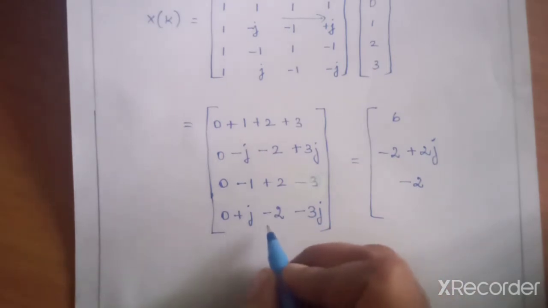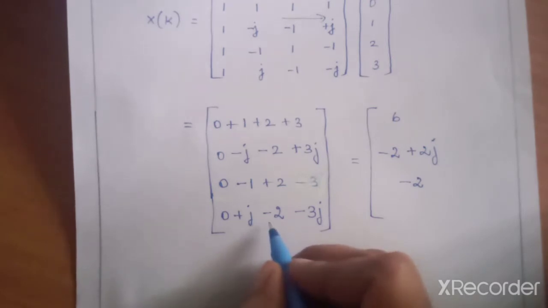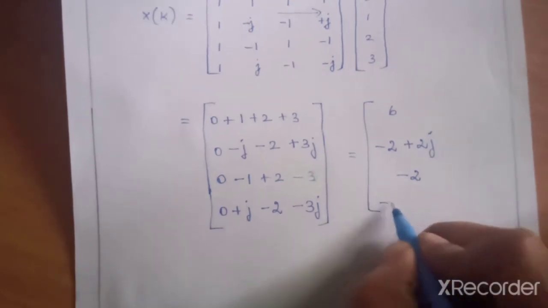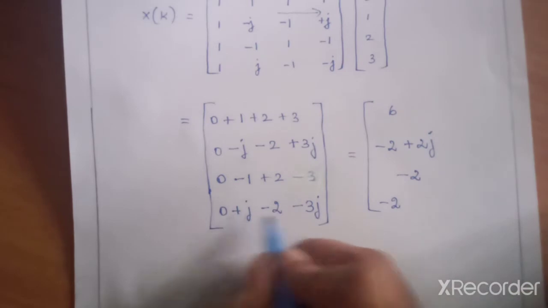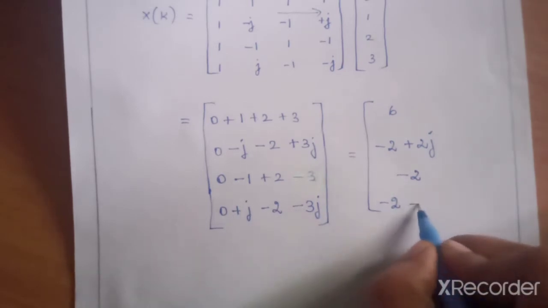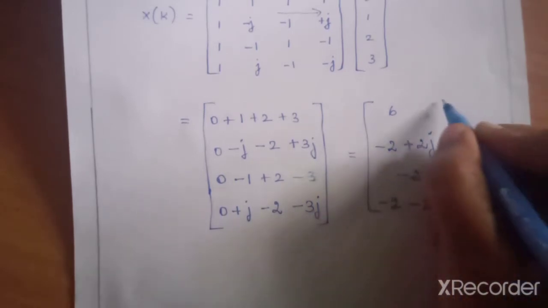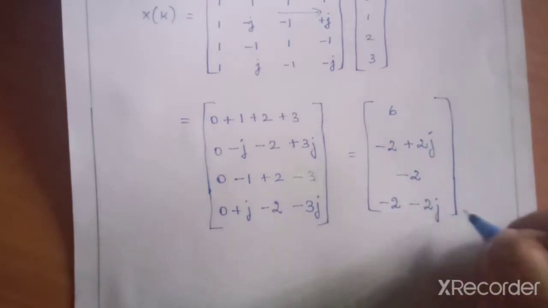Here we have 2 real terms and 2 imaginary terms. First you have to calculate the real term: 0 minus 2, which will be minus 2, and j minus 3j, which will be minus 2j. So this will be the answer.